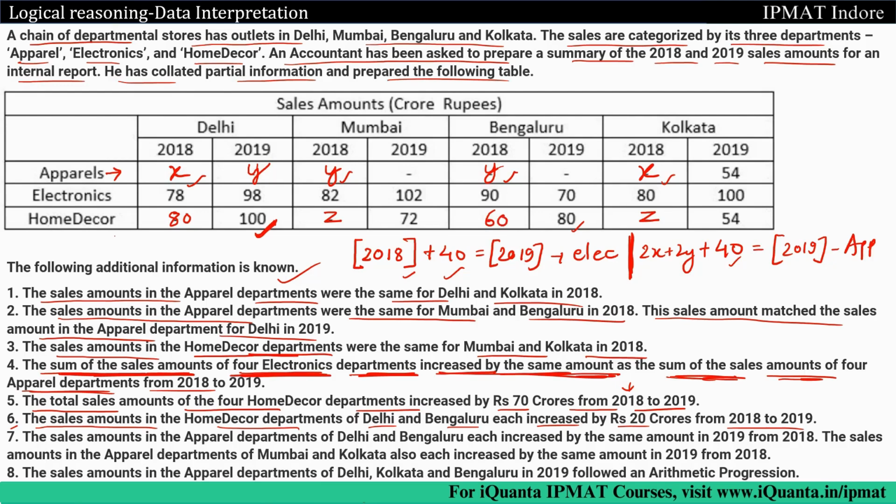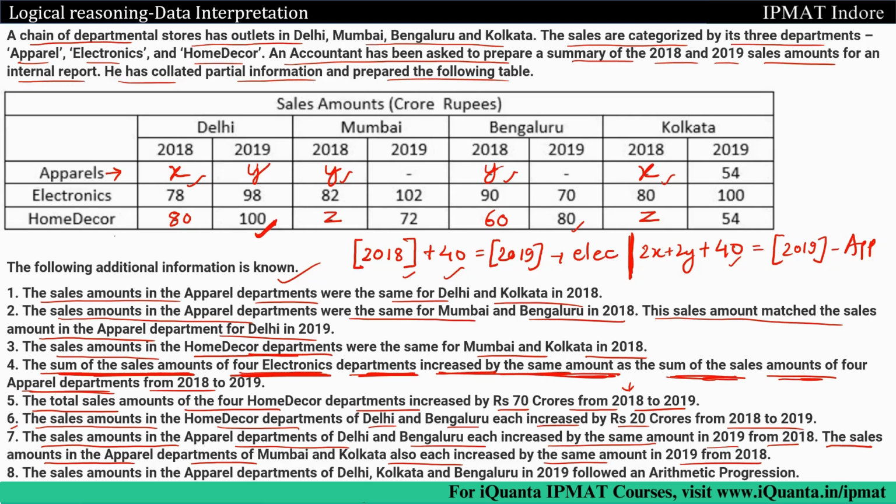This was very easy. The next one is the sales amounts in the apparel department of Delhi and Bangalore each increased by the same amount in 2019 from 2018. Then the sales amounts in the apparel departments of Mumbai and Kolkata also increased by the same amount in 2019 from 2018. So we are talking about apparel, Delhi and Bangalore, the increase is the same.